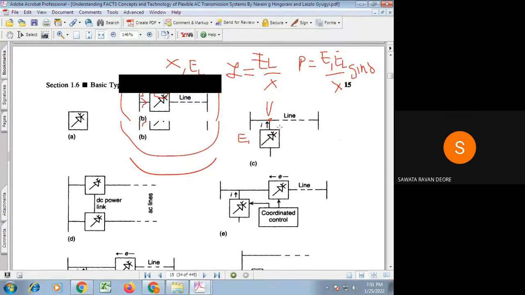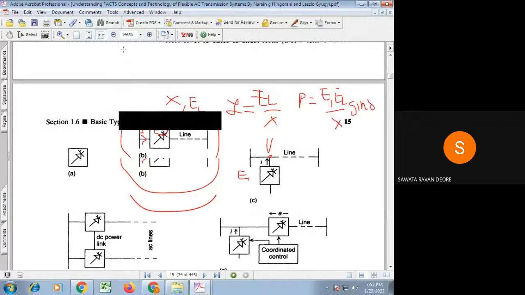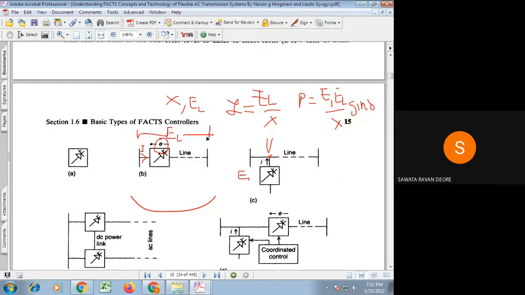Obviously, as the static shunt compensator maintains the voltage at a particular point, it doesn't mean that the static series compensator is not suitable for regulating voltage across the transmission line. It is not so, because for a series compensator, whatever voltage we inject, we are changing the voltage drop across the line. As we change the voltage drop across the line, this is controllable, so the bus voltage is controllable.